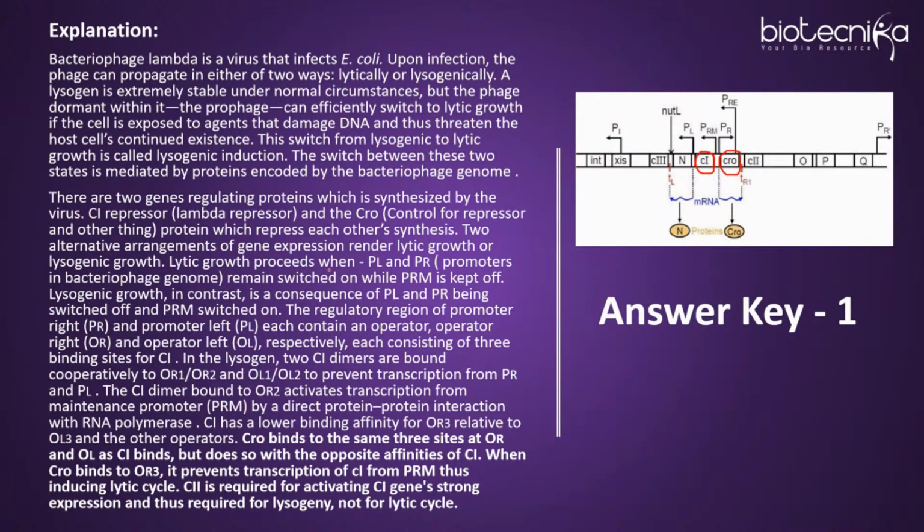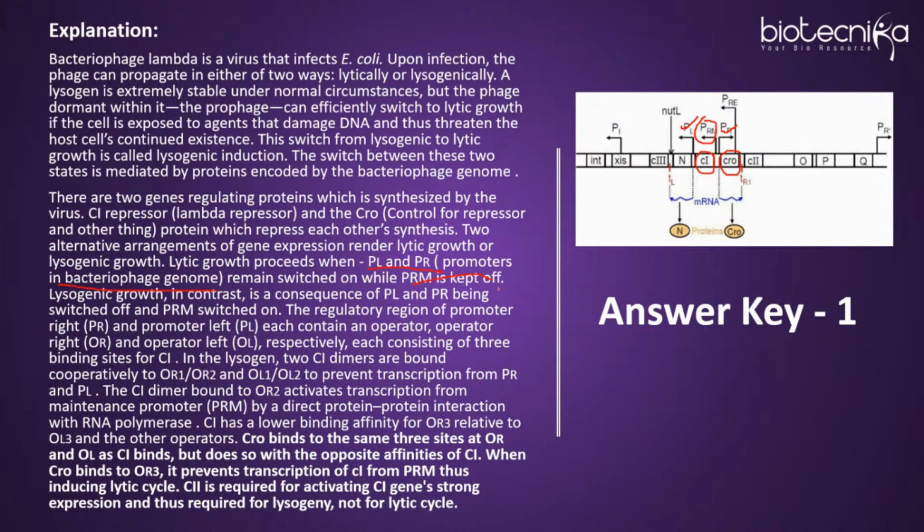Lytic growth proceeds when PL and PR, these promoters in the bacteriophage genome, remain switched on while PRM is kept off. PL is present on the left side and PR on the right side, and PRM is the region in between PL and PR.